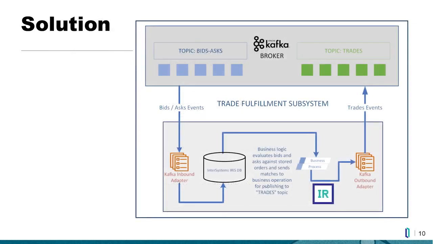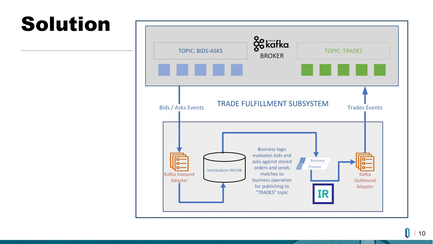So we've got a Kafka broker here seen on the top part of the slide. We've got 2 different topics that this particular broker is dealing with. One is called bids-asks, and the other one's called trades.